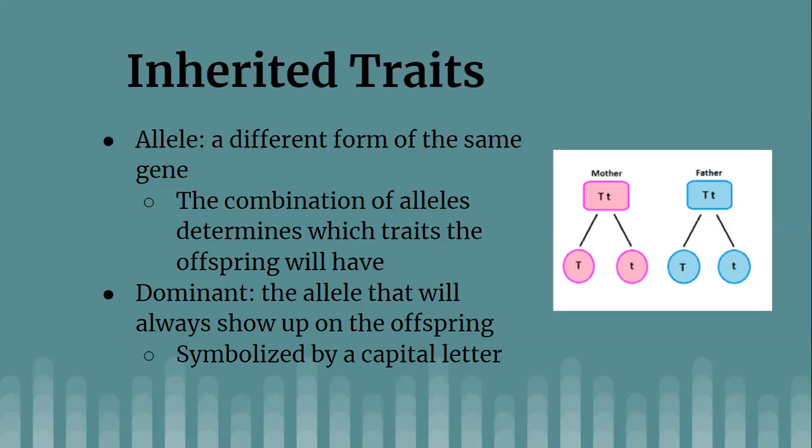But if the offspring inherits recessive alleles from each parent, a recessive trait will show. This relationship allows parents with two dominant alleles to pass on recessive genes to their offspring. For example, two brown-eyed people may have a blue-eyed child. However, most genetic traits do not follow the simple pattern of dominant and recessive inheritance.